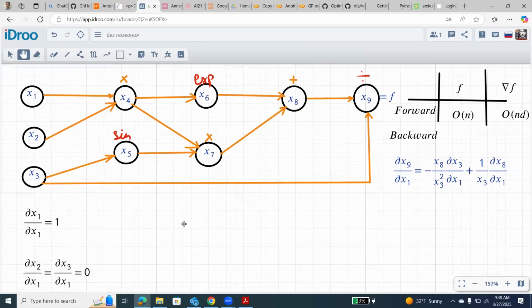So we begin again. Now we will begin with the end. Instead of calculating the derivative of our function with respect to x1, we will calculate the derivative of our node x9 only with respect to inputs in this node. So in this case, with respect to x3 and x8.